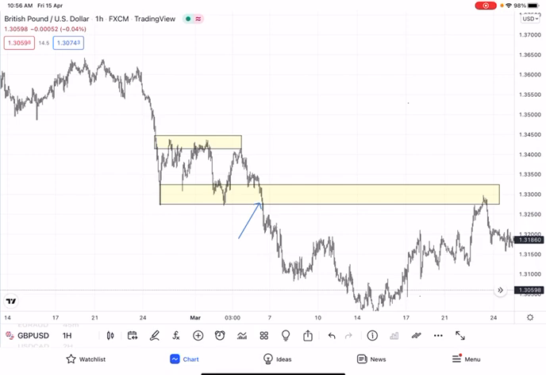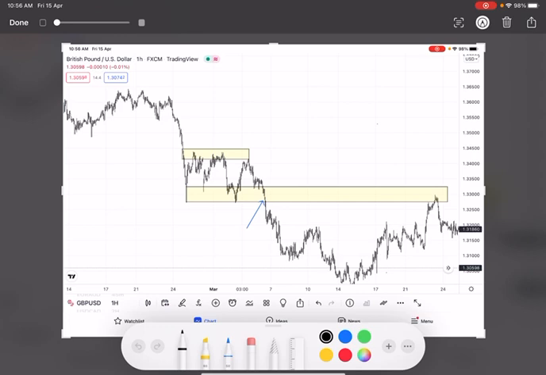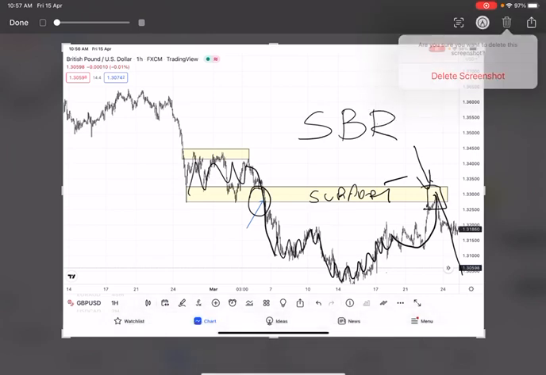Therefore, if it breaks your support area and you know that this is the key level that you marked, you as a trader will be waiting for that price to return to that particular area. Sorry for my writing, okay? When the price returns to this area, you will anticipate that there will be a trend continuation down. And this is support becomes resistance, okay?